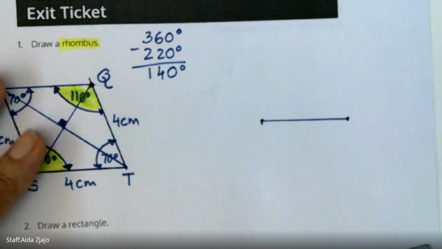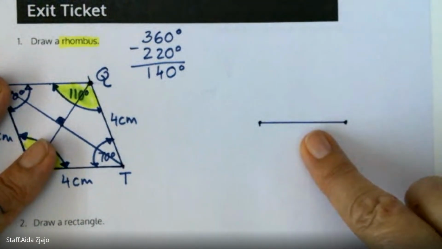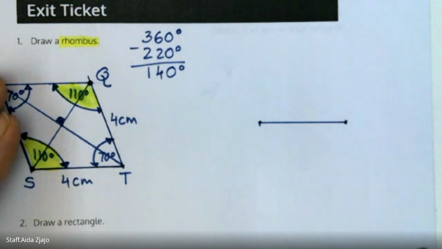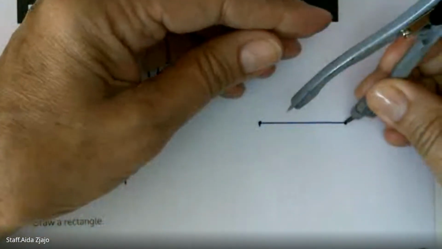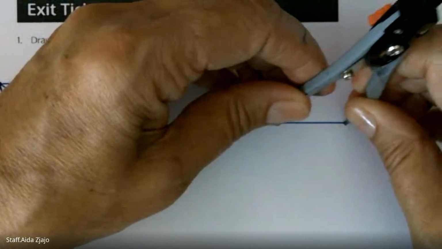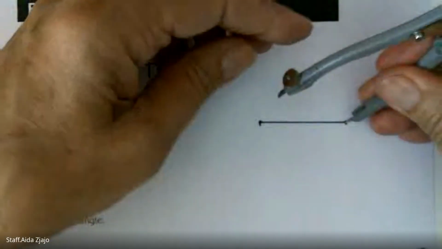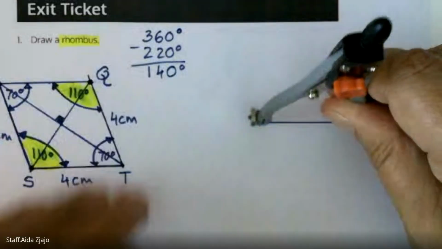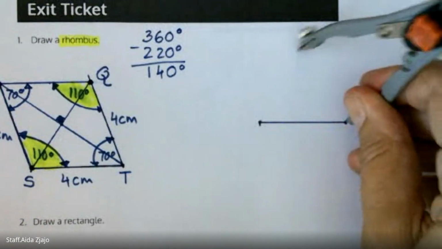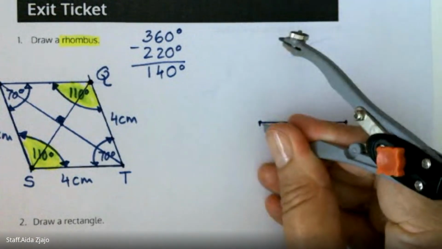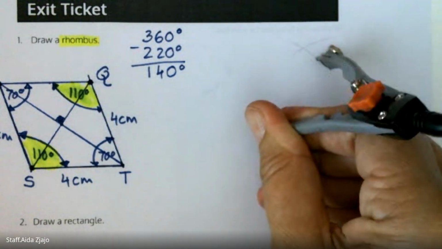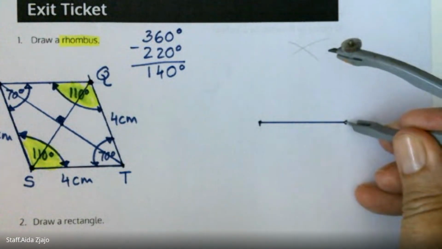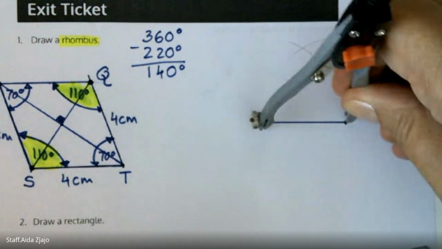So I need to create a diagonal that is perpendicular to it. I'm going to first make this line, how long is that line.